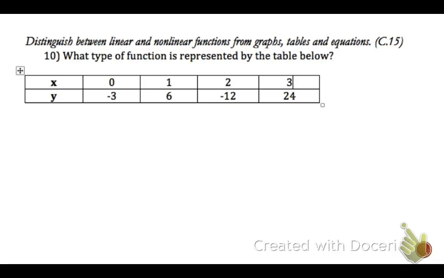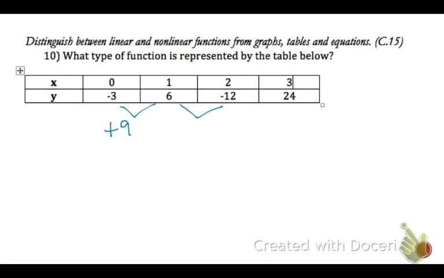Another earlier concept to review is concept 15. So distinguishing between functions by looking at a table. So remember, we can look at differences. So let's see if this is a linear pattern. So I need to add 9.